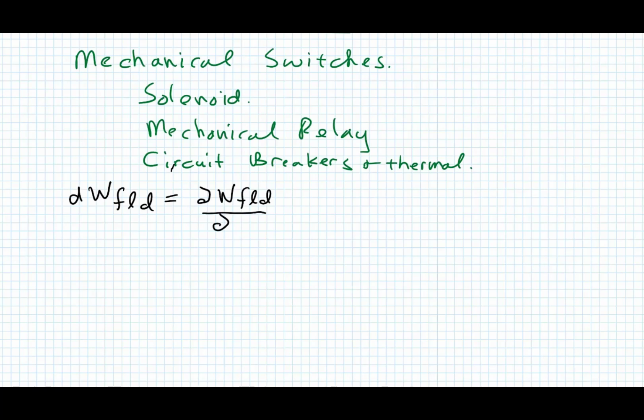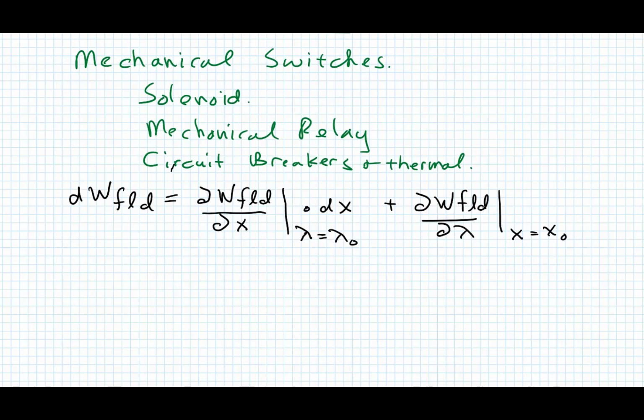Partial derivative of the energy with respect to position, evaluated at a specific value of flux linkage, times the dx, plus the partial derivative of the energy with respect to lambda, evaluated at a specific position x naught, times d lambda.